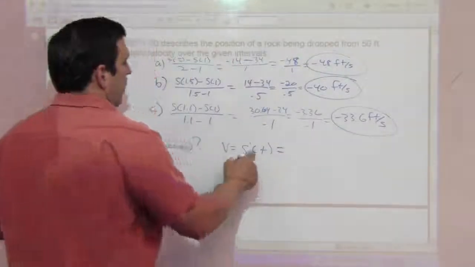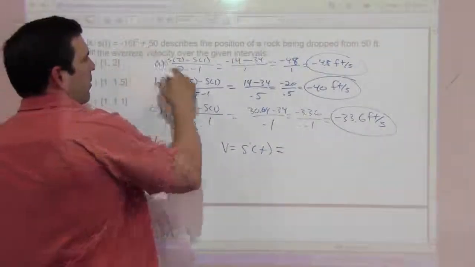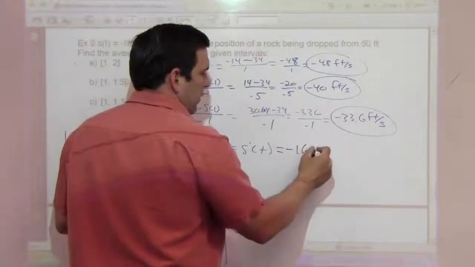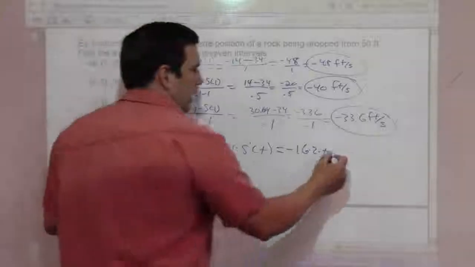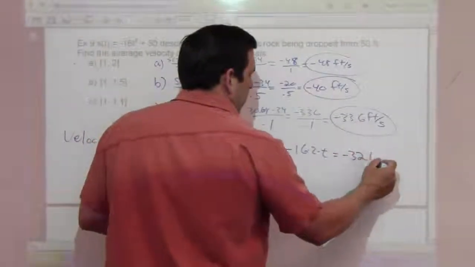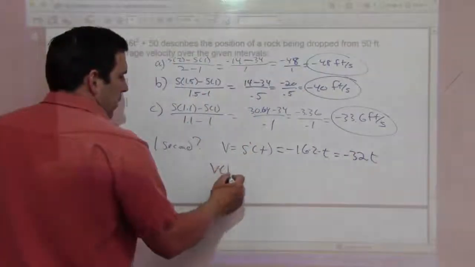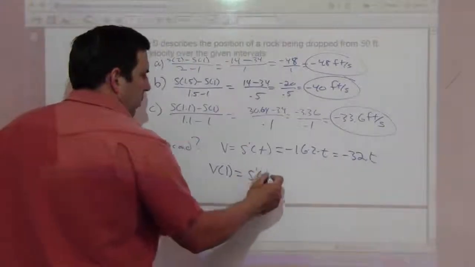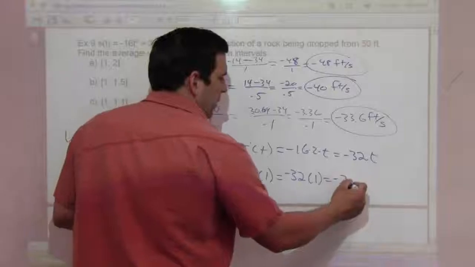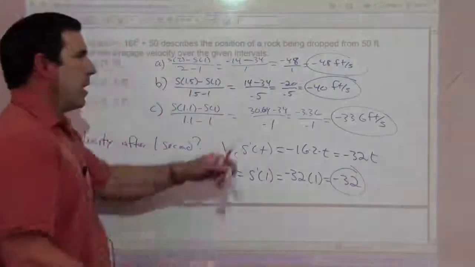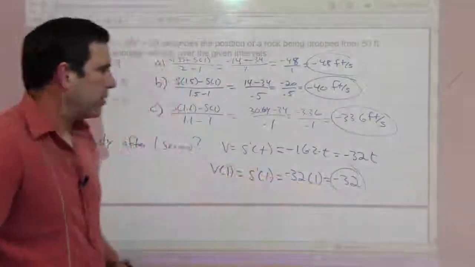So what is the derivative of negative 16t squared plus 50? That's going to be negative 16 times 2 times t, and the derivative of 50 is 0, so that's going to be negative 32t. So velocity after 1 second is s prime at 1, which is negative 32 times 1, which is negative 32. So we're getting close to negative 32.